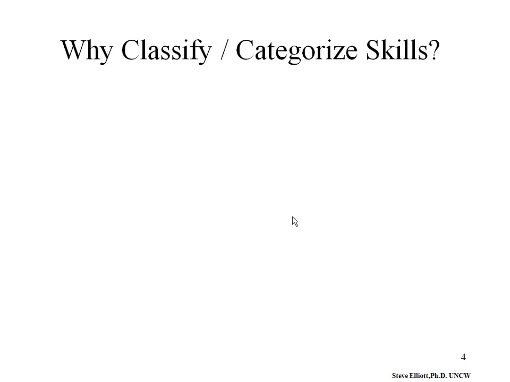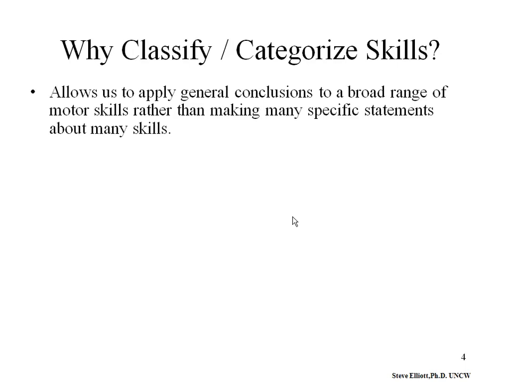Sometimes we might ask ourselves, what's the point in this? Why do we need to classify or categorize skills? As I stated at the start of this lecture, by classifying skills into different categories, it allows us to make these general conclusions to a broad range of motor skills rather than making many specific statements about many motor skills.